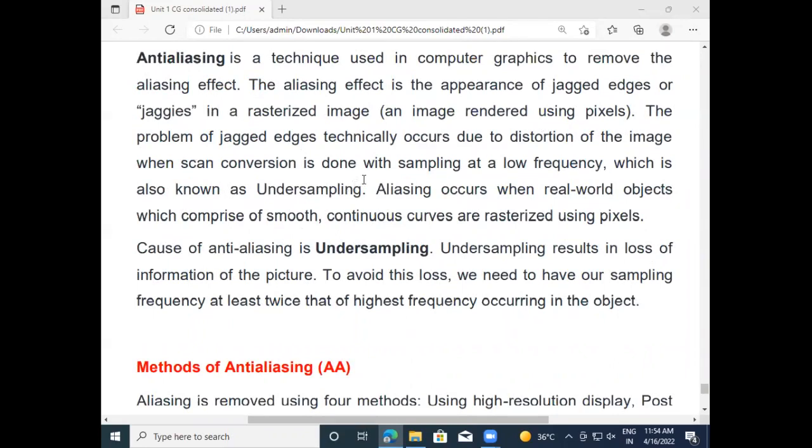The problem of jagged edges technically occurs due to distortion of the images when scan conversion is done with sampling at low frequency. When we scan the images and take samples at low frequency, it is also known as undersampling.